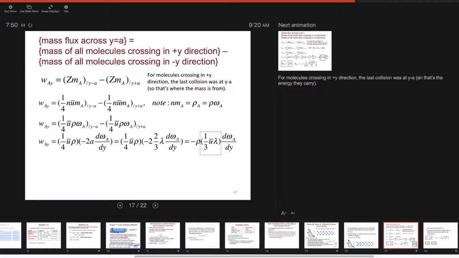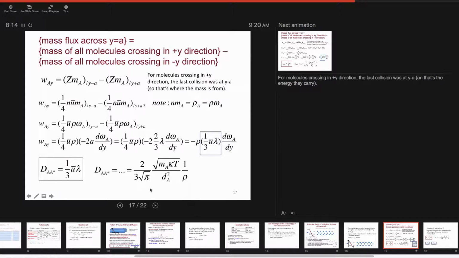And when I compare it to Fick's law, then this 1/3 u average lambda is essentially my D_AA. I don't have B here, we didn't consider B, so D_AA, okay? I'm diffusing molecules of the same type.